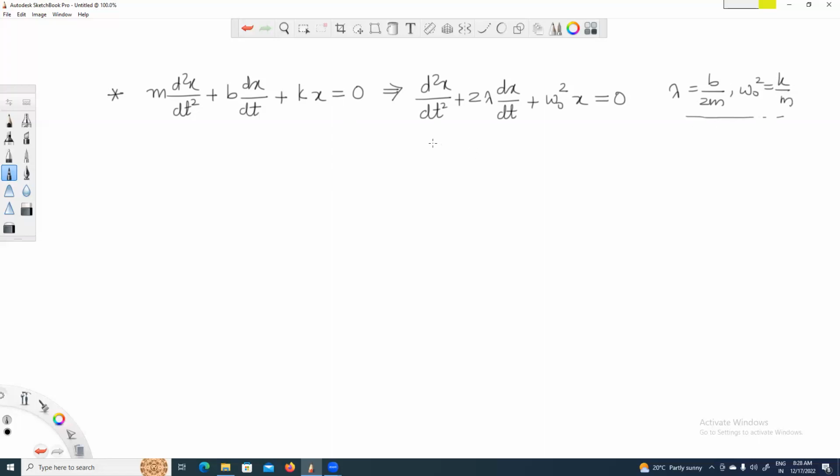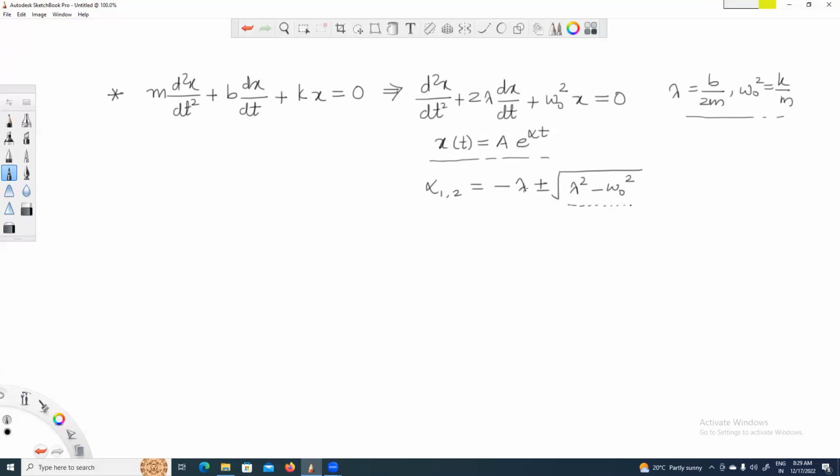For finding the solution of this differential equation, we considered our solution as A times e raised to alpha t in general. Based on different conditions, we ended up with alpha 1, 2 equal to minus lambda plus or minus square root of lambda square minus omega naught square. Depending on the value inside the square root, if lambda square is less than omega naught square, it goes to the complex region, so it can be represented using sine and cosine functions, and there'll be the exponential of this negative term.